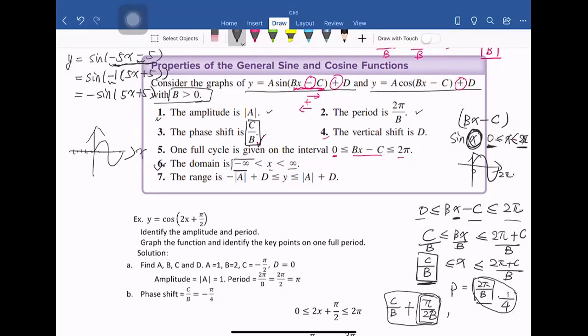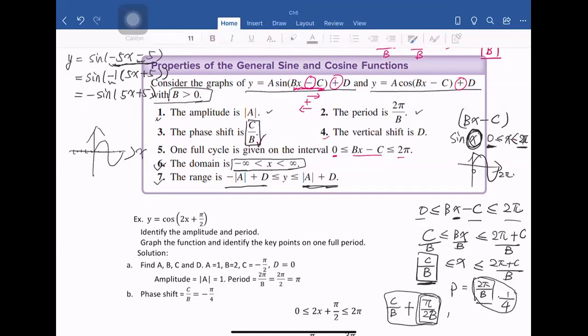That means all real numbers can be chosen for the domain. What's the range? The range is from negative absolute value of A plus D, where D is the vertical shift, to the absolute value of A, that's the amplitude, plus D.